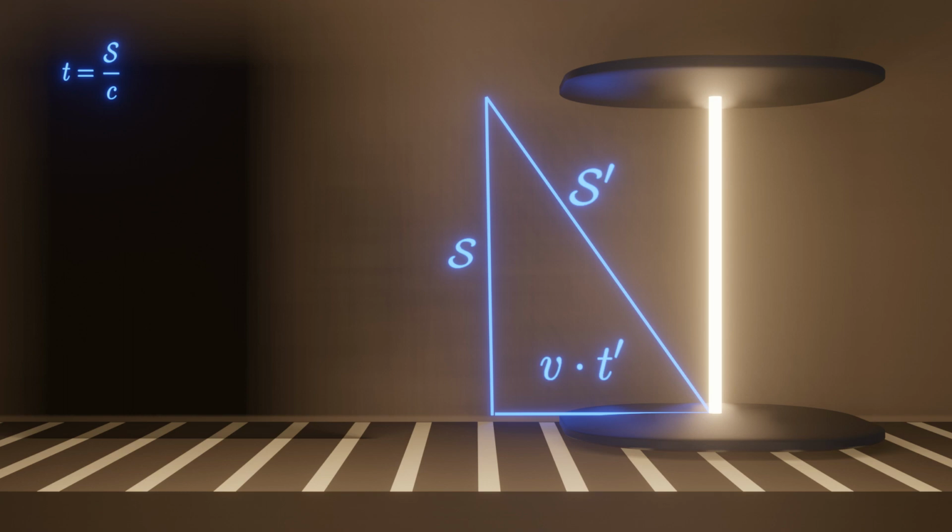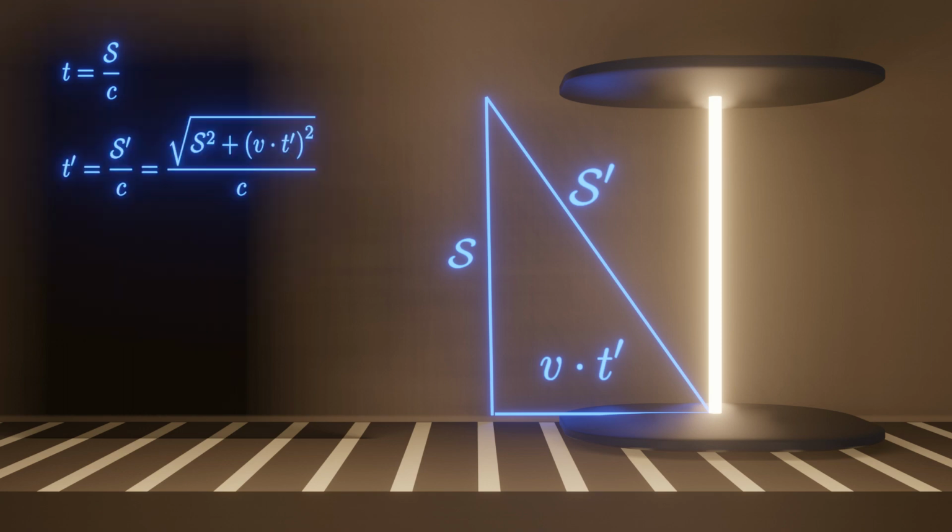So t prime is equal to S prime over c, where S prime is obtained from a right triangle, and a final relation for t prime is this one. With very simple transformations, we can find a connection between t and t prime that reads like this.